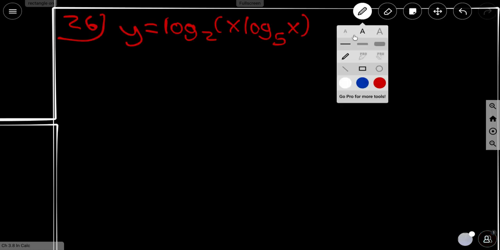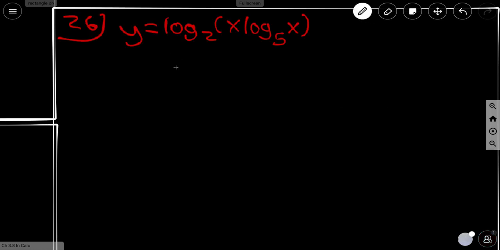And our final problem. Start by using our rules.